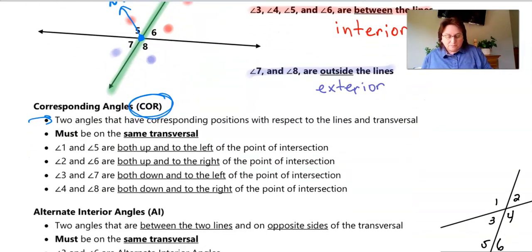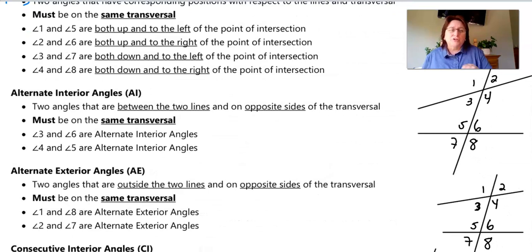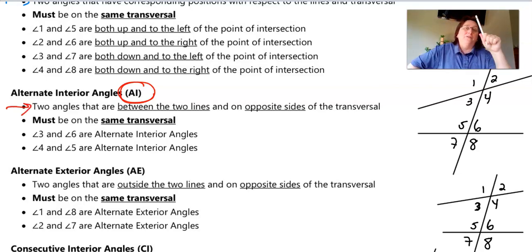So now let's move down, and we're going to talk about alternate interior angles. Alternate interior angles are abbreviated with this right here, AI. It's their initials, right? AI, alternate interior. Now, notice, alternate interior angles are two angles that are between the two lines, but they're on opposite sides of the transversal.